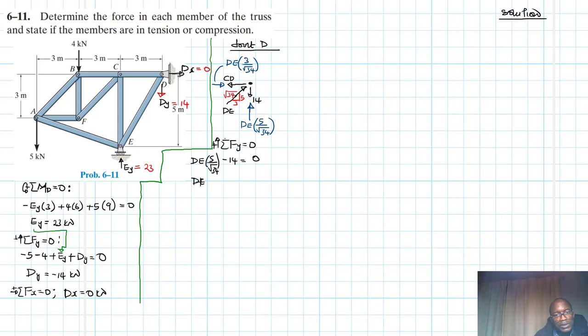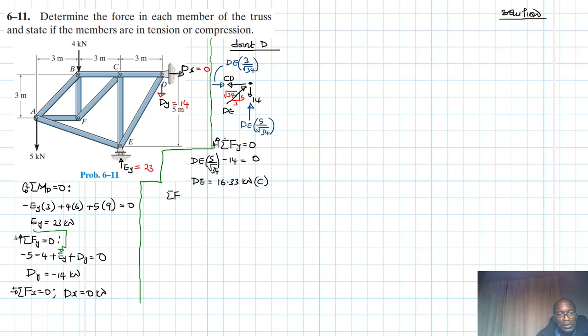Therefore, DA is just going to be equal to 14 divided by 5 over root of 34. So this gives us 16.33 kilonewtons, and it is in compression as assumed.